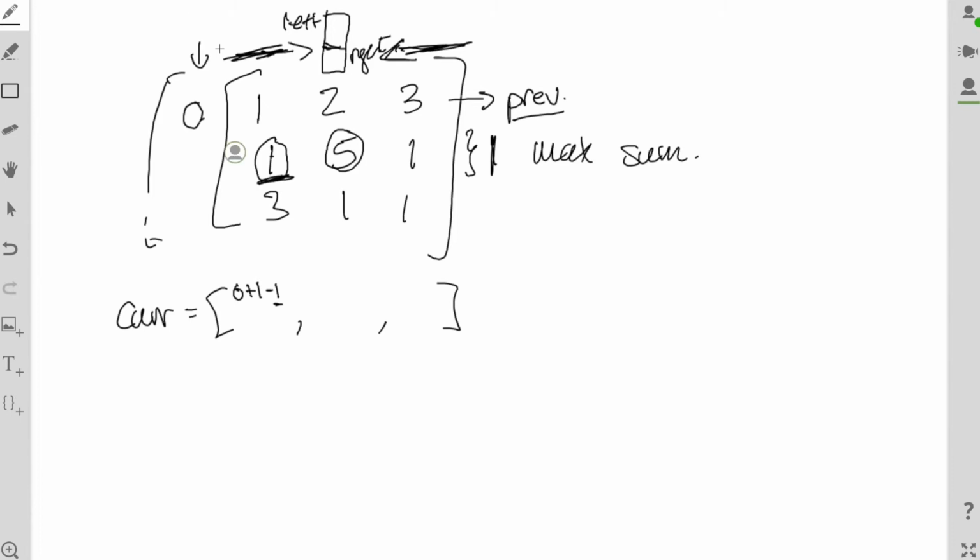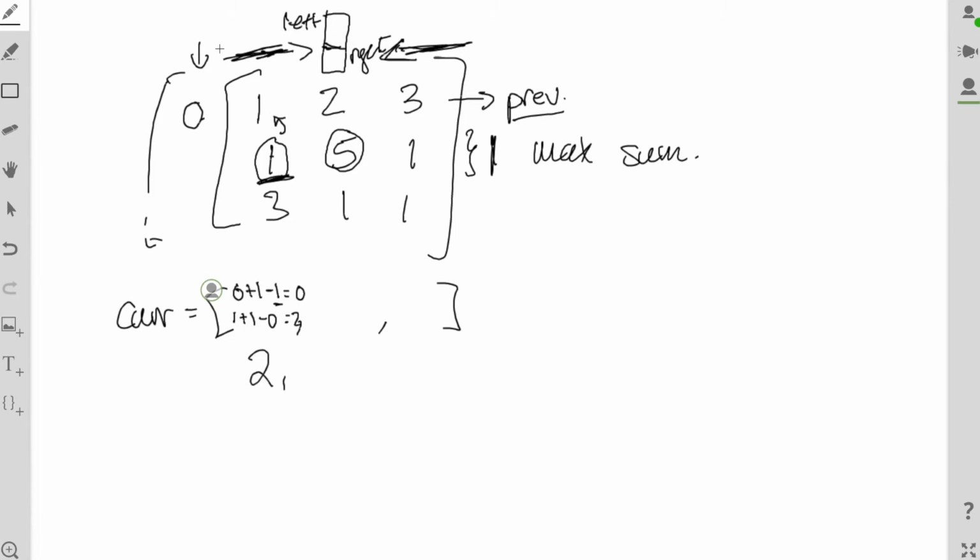We want to find the max between this value and 1 plus 1 minus 0, right? So this would be 0, and this would be 2. So the maximum would be 2, right?